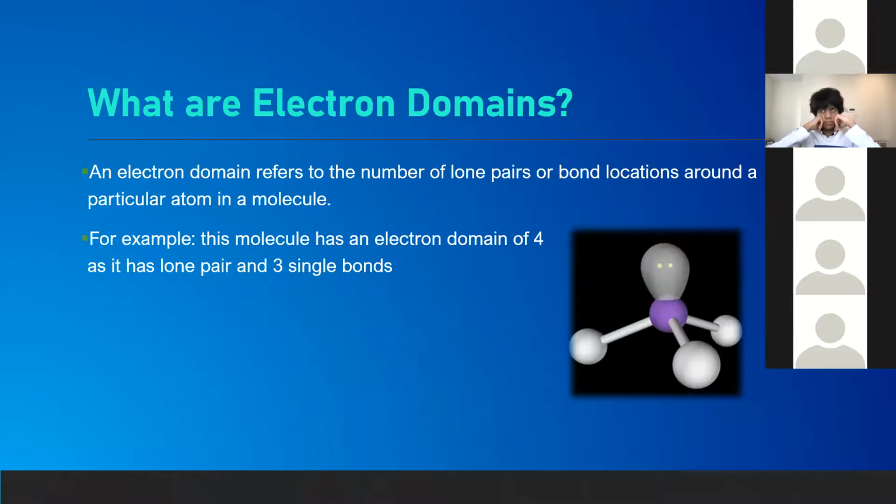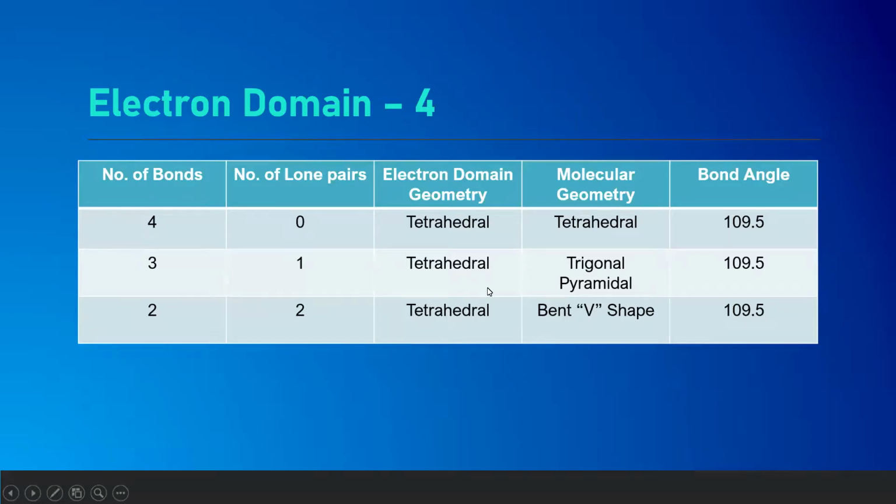So for example, in this molecule which you see on your right, they still had the bond angle of 109.5.